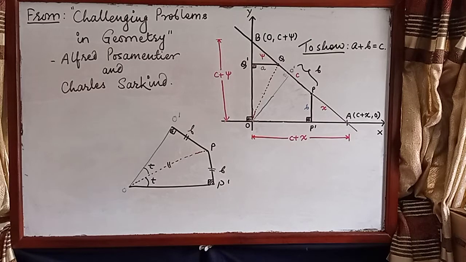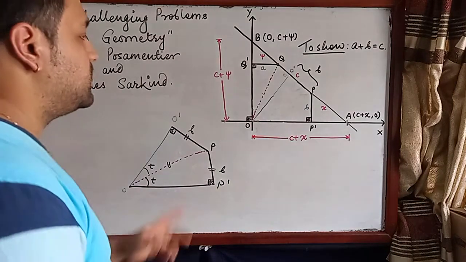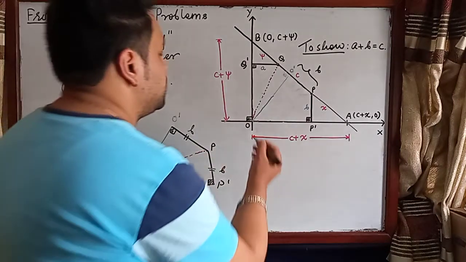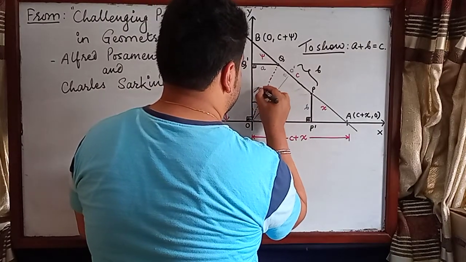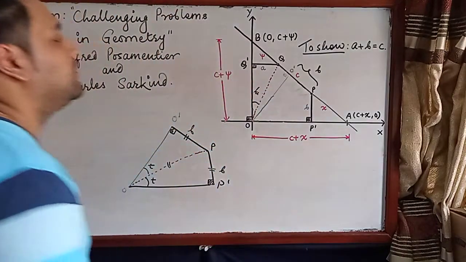What should I call the angle? Over there I already used T, alpha, beta, theta, and delta. Phi is used. Okay, let's say that this angle is xi.